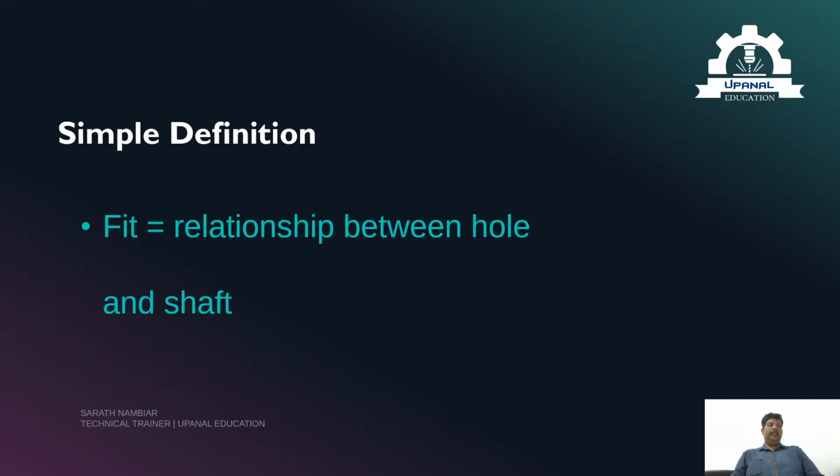So shaft is the male part which goes inside the hole, and hole is the female part that receives the shaft. For example, a rod inside a pipe, or a bolt inside a nut, a shaft inside a bearing.